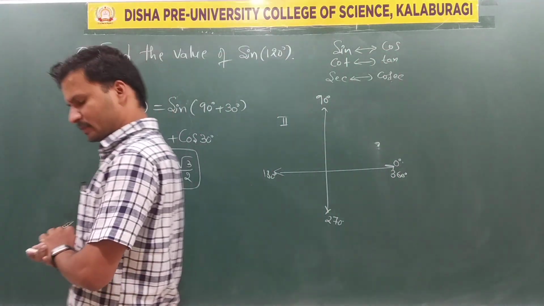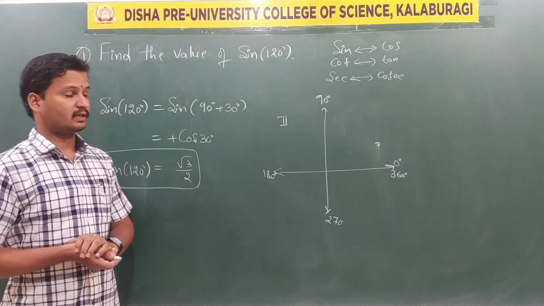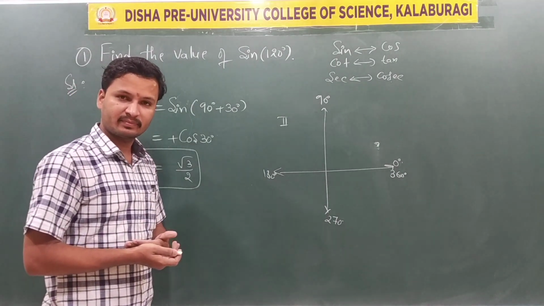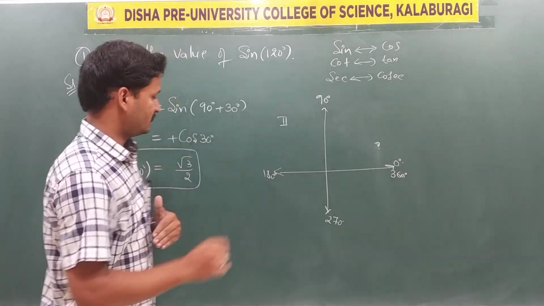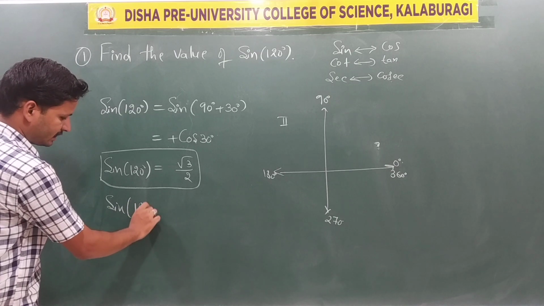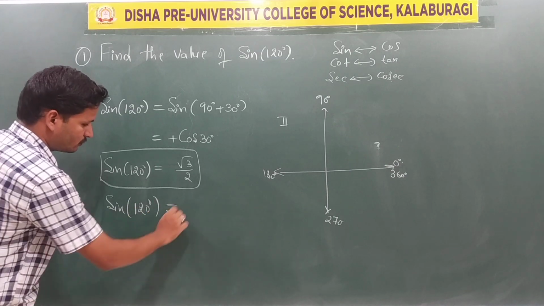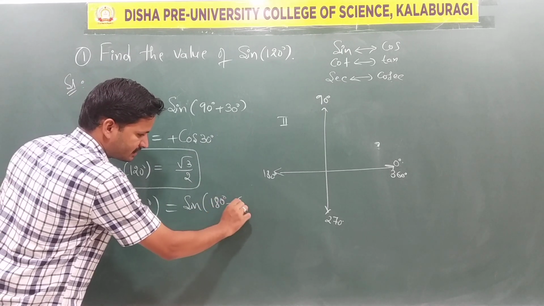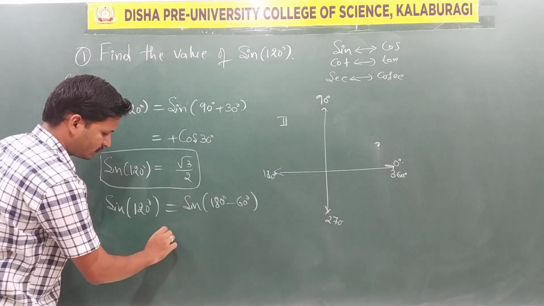Is there any other possibility? Yes, of course. Again 120 degree can be written as 180 minus 60. So let us start with that. Sine of 120 degree is equal to sine of 180 degree minus 60 degree. 180 minus 60 is 120.